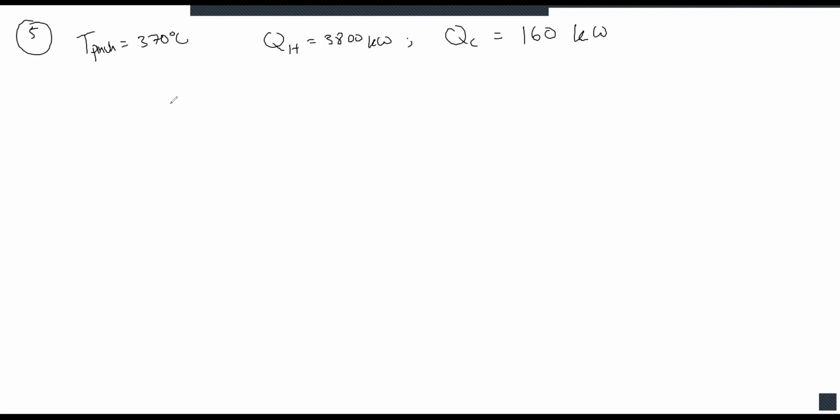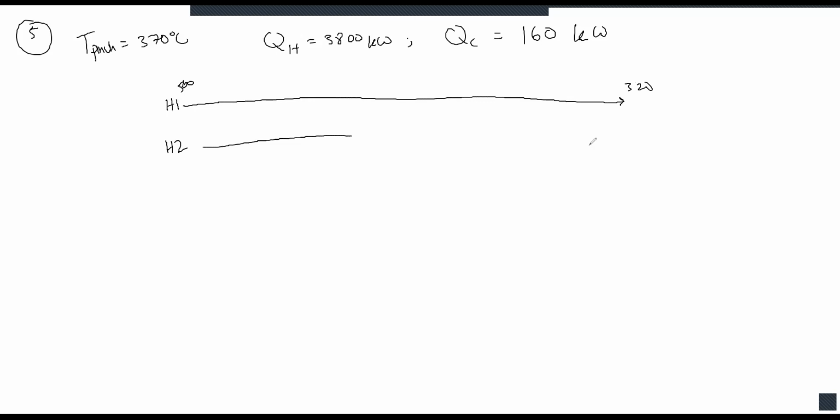So I have each one here. H1 is going from 500 to 320. H2 is going from 480 to 380.